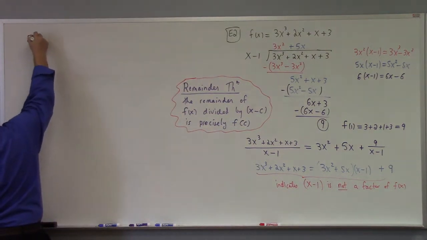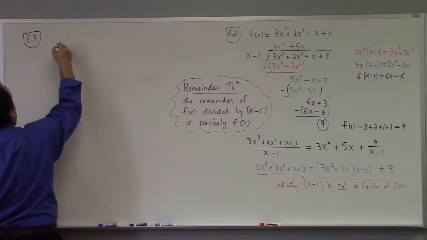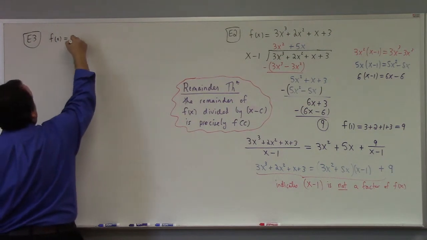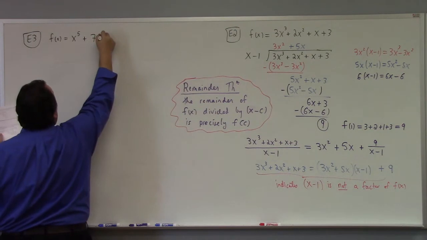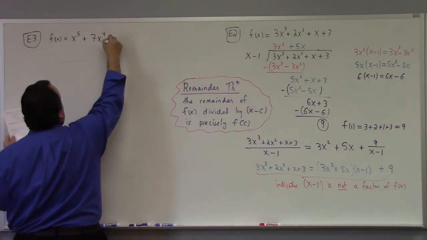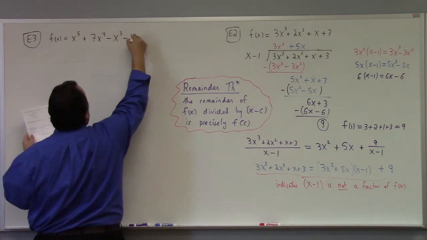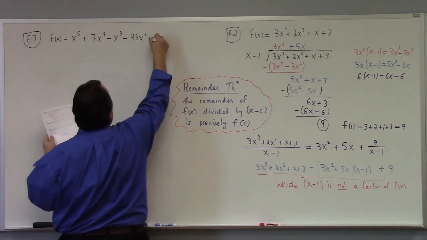Example 3. Here we have f of x equal to x to the power 5 plus 7x to the 4th minus x cubed minus 43x squared plus 36.